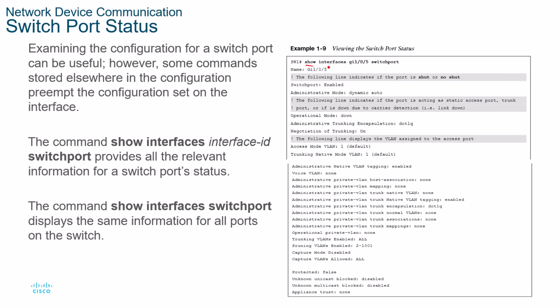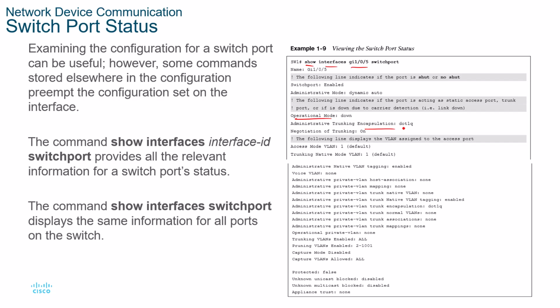We also have, again, different port statuses. So we can look at show interface and name it to an interface. We can see if the port's up, if the port's down. We can see the specific details, if it's a VLAN, private VLAN, public VLAN, trunking, operational mode, encapsulation mode. So examining the configuration of a switch port can be kind of useful.